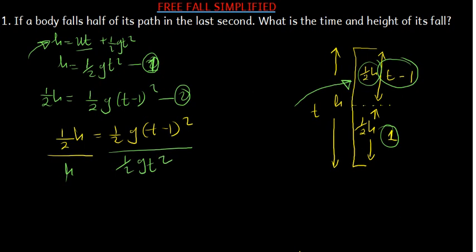At this point we can see that the height and height cancel out, the half and the half cancel out, the g and the g cancel out, and so we remain with half is equal to t minus 1 squared divided by t squared.